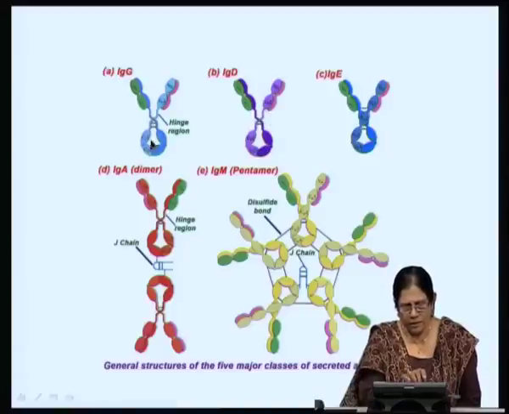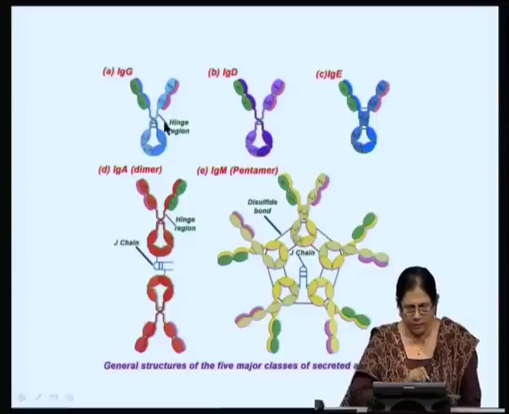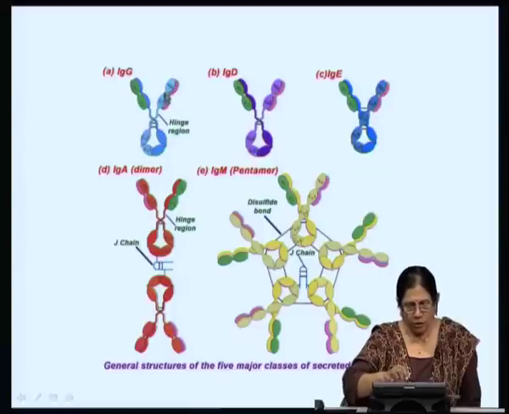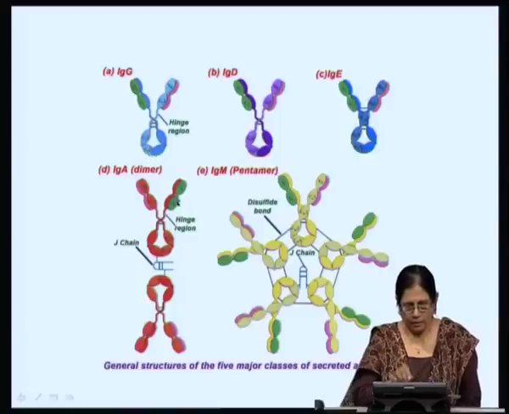The difference lies in the hinge region. Now, the monomer of IgG, IgD and the monomer of IgA are very similar. They have the heavy chain which has variable 1 domain and then constant 3 domains. You can see.